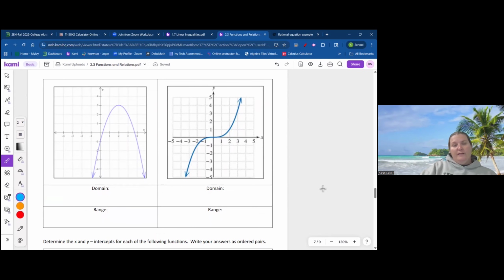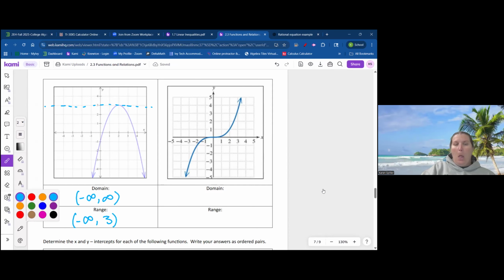This little curvy guy is a quadratic. The domain of all quadratics is -infinity to +infinity. The range is the highest or lowest point. In this case, the highest point is 3, and the lowest is -infinity. So this is -infinity to 3.